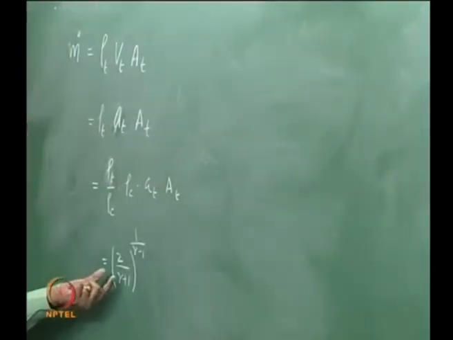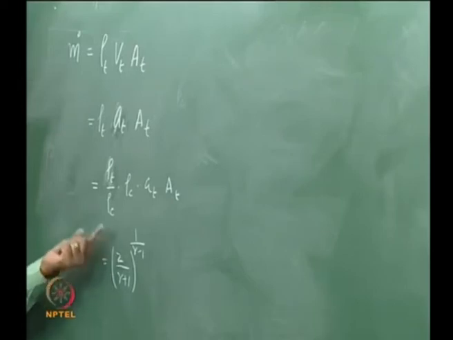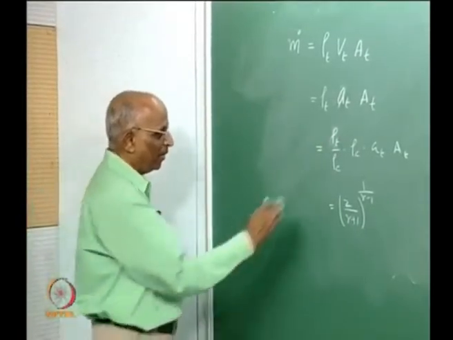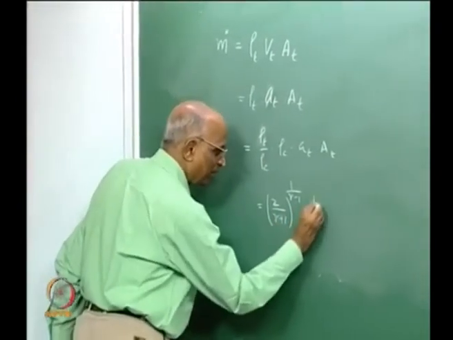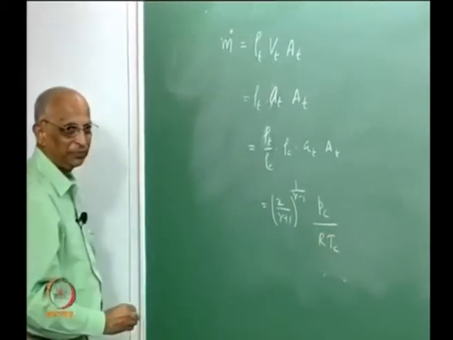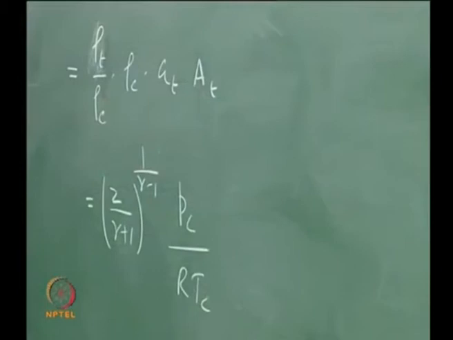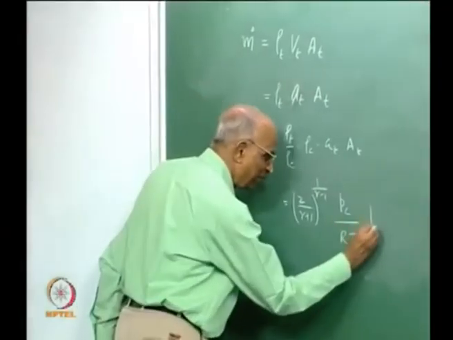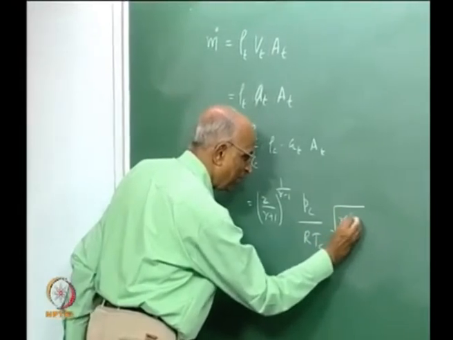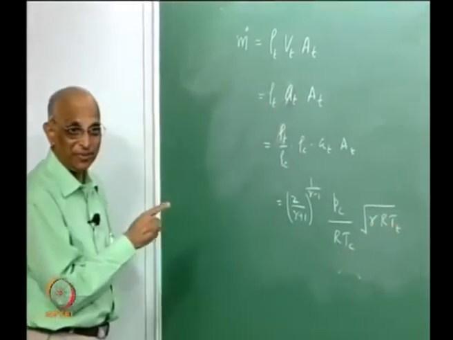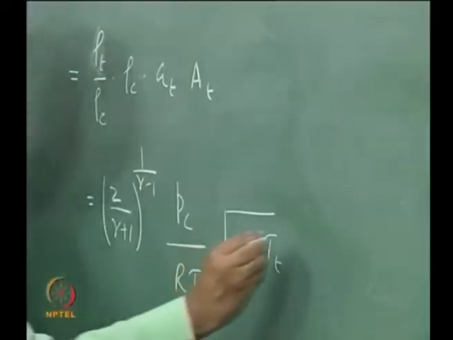In the last class we derived the expressions for rho T by rho C, Pt by Pc and Tt by Tc, and we got this expression. Now what is rho C? Pc by RTC. What is the sound speed? Under root gamma R Tt, the local condition, and At over here.